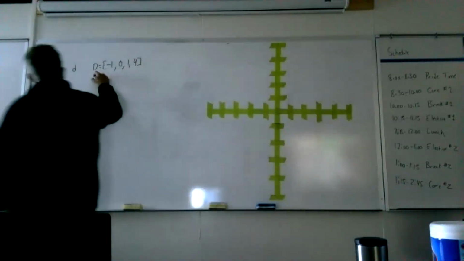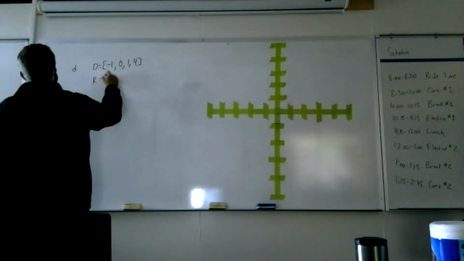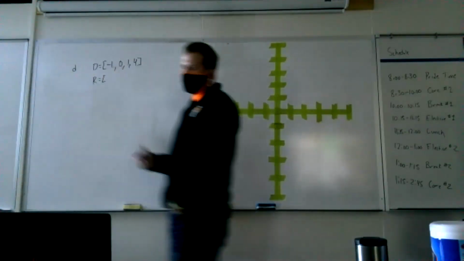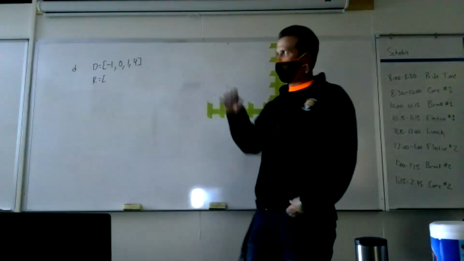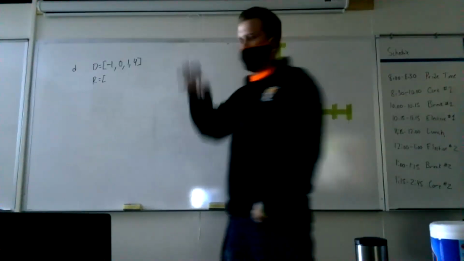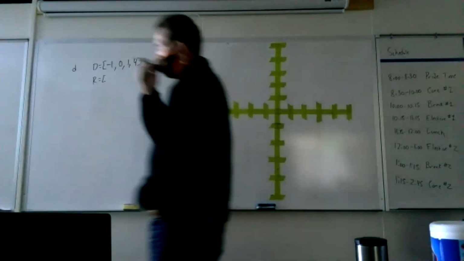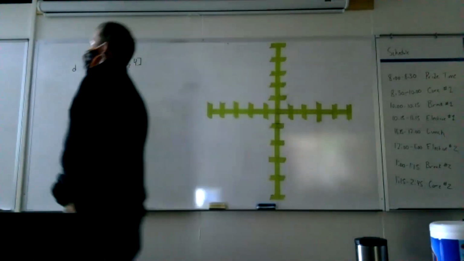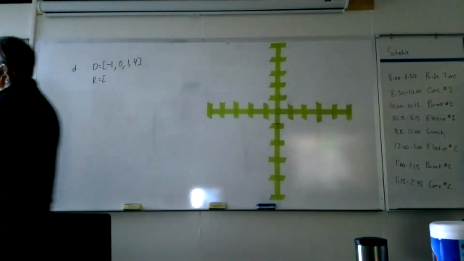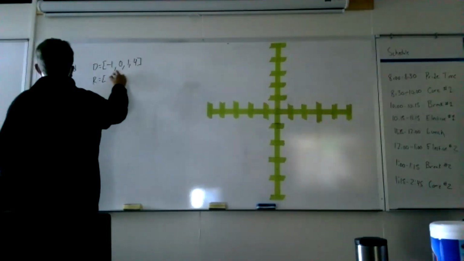My range, we treat it the exact same way we just did the domain, just now we're looking at the y-axis. Since we want to go from least to greatest, we're going to start at the bottom and work our way to the top. So starting at the bottom, I have a point that is 1, 2, 3 units beneath the origin.